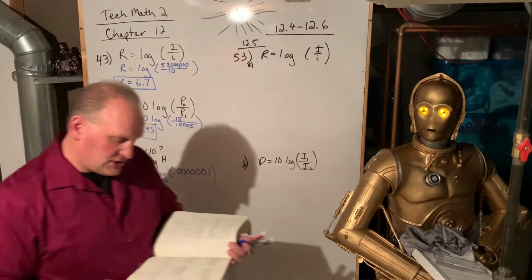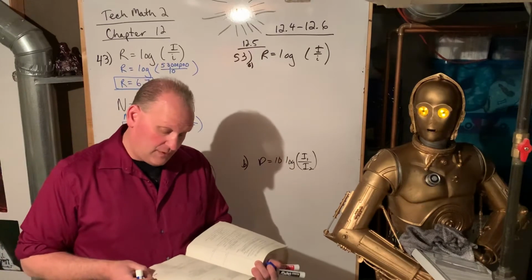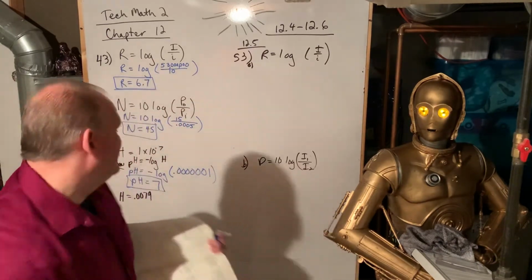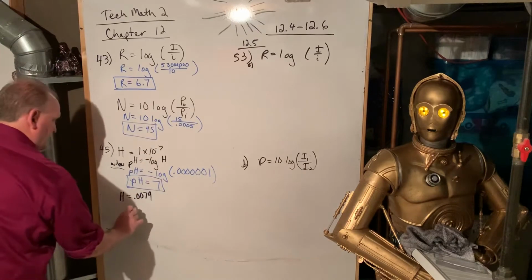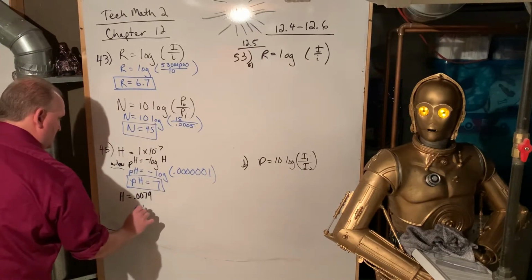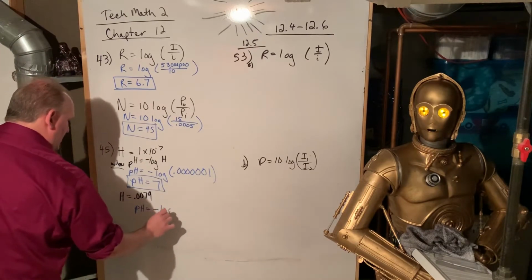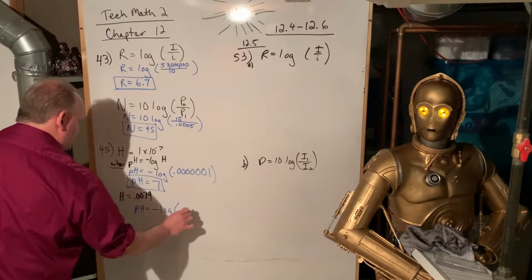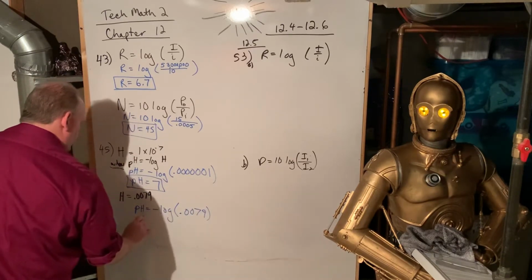Find the pH of sulfuric acid when H is 0.0079. It's actually an easier problem because we just have pH is equal to negative log again, but it's just easier to put in 0.0079. And then hit enter.